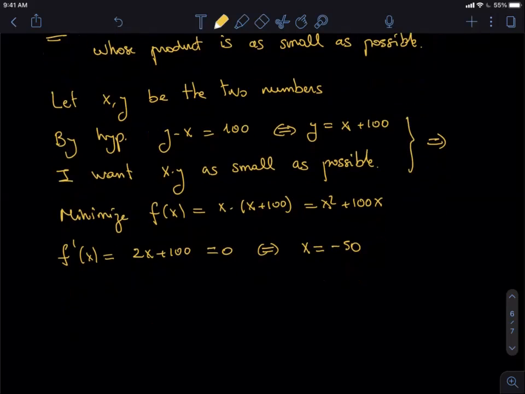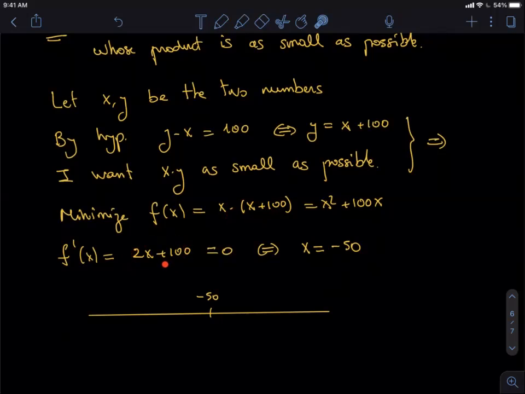Okay, and then if I do a sign chart here, and I have the negative 50 here, I'm going to realize the function is x times x plus 100. Sorry, I'm looking at the function, but I should be looking at the derivative, my bad.